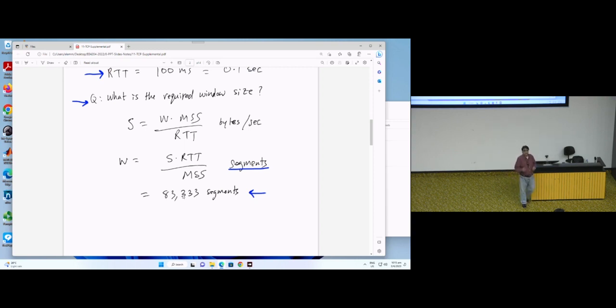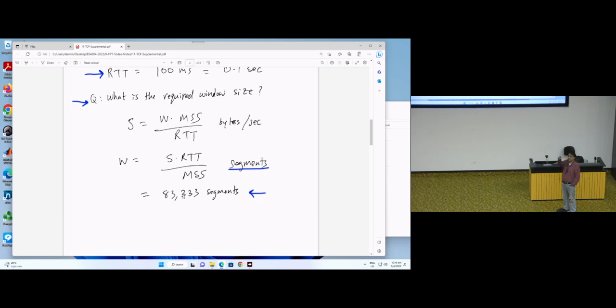Now, with a 10 gigabit per second connection, for me to actually use that link capacity, this is my minimum window size. So can somebody comment on whether I'll actually achieve the link capacity or not? What do you think?